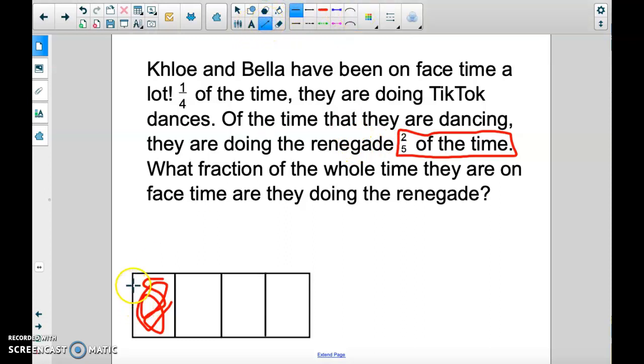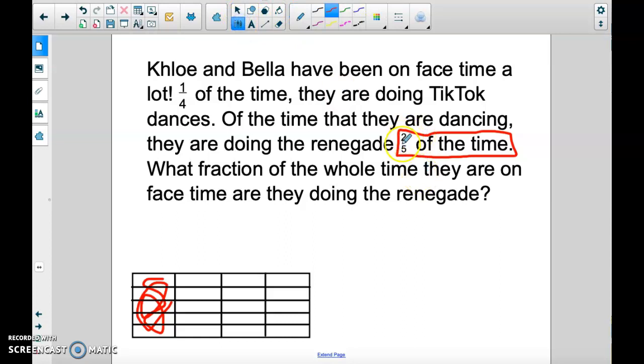So I'm then going to break this into fifths. Remember, they do not have to be perfect. You just have to get the idea down. And then we want 2/5 of that 1/4, looking for 2/5 of the 1/4.